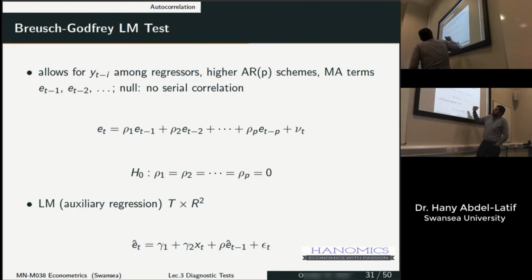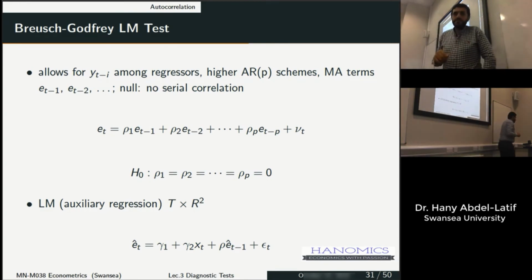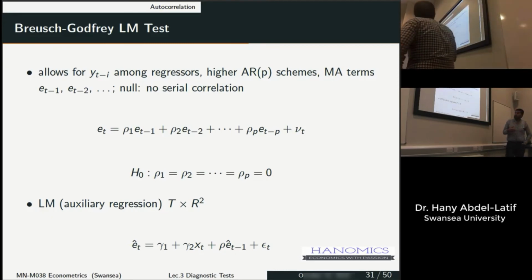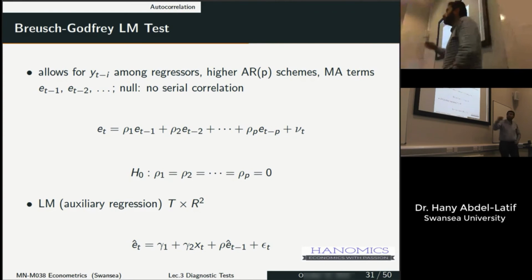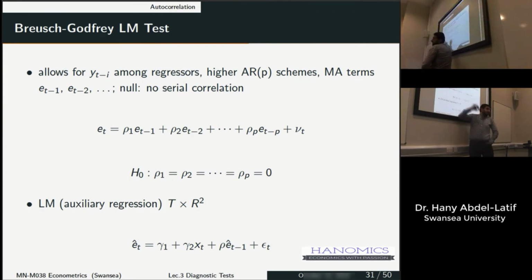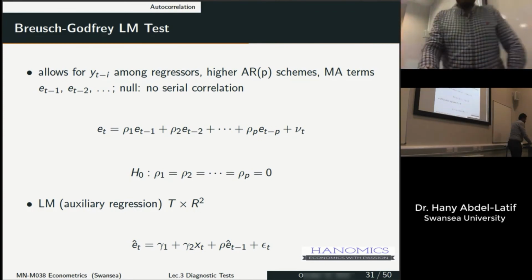Then from this regression, you take T, the number of observations, multiplied by the R squared from this regression, and that is your test statistic, LM. Again, we look at the p-value to decide. If your p-value is very small, then you reject the null hypothesis of no serial correlation. That means there is serial correlation.